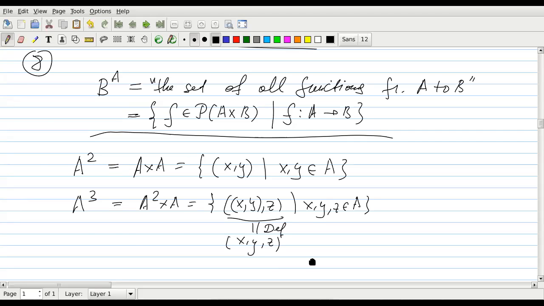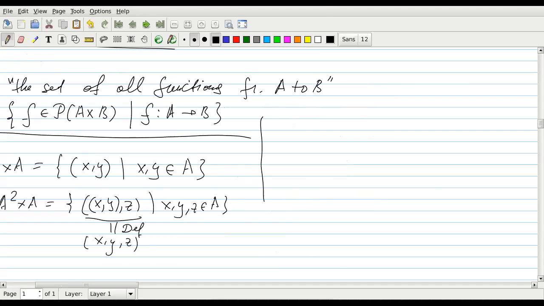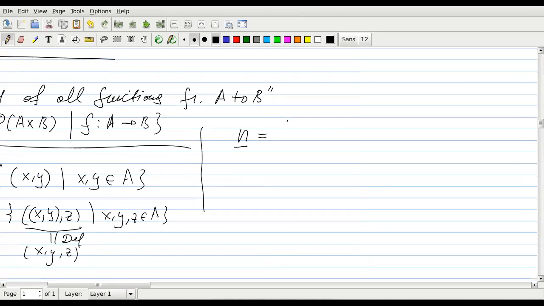Yes. Now, let's introduce some interesting sets, which we will use very often. N underlined is a set of all natural numbers k, which are less than n.